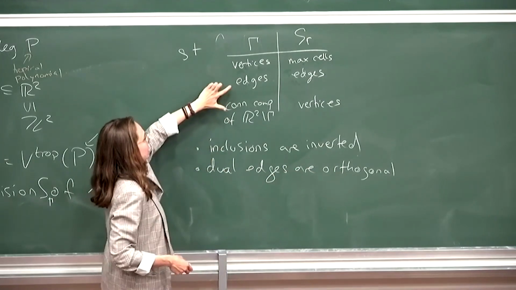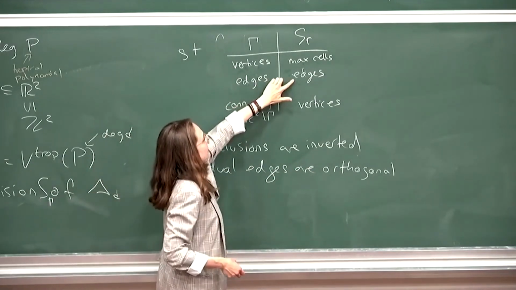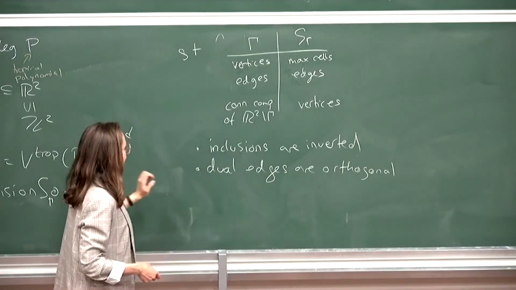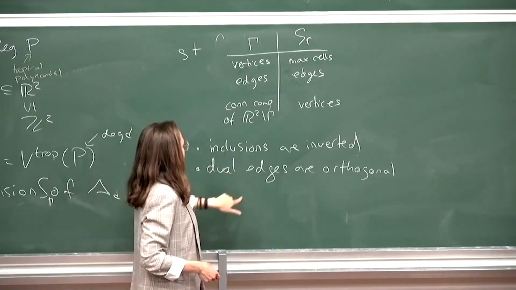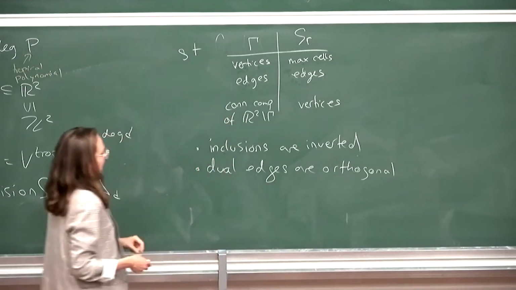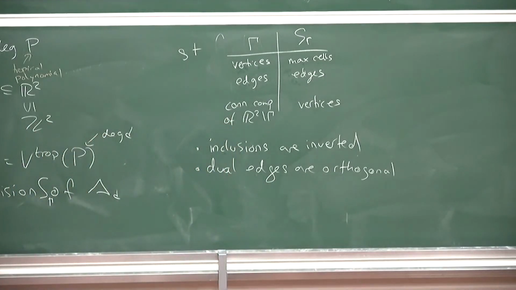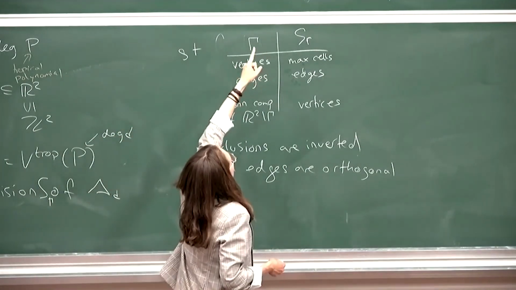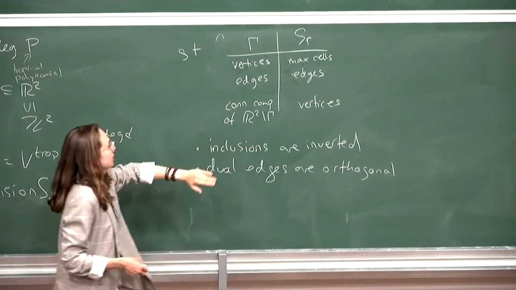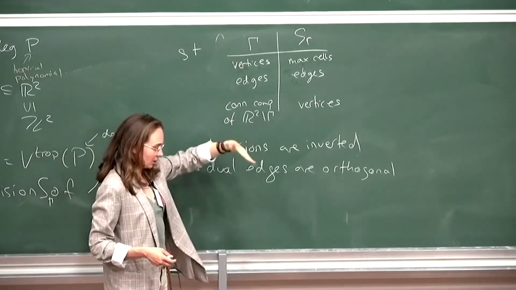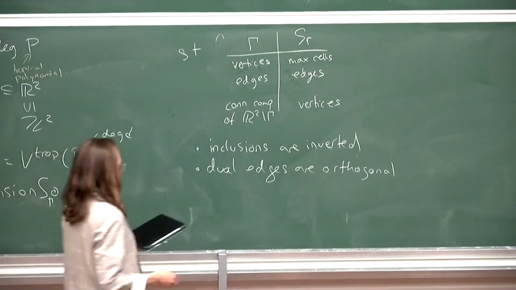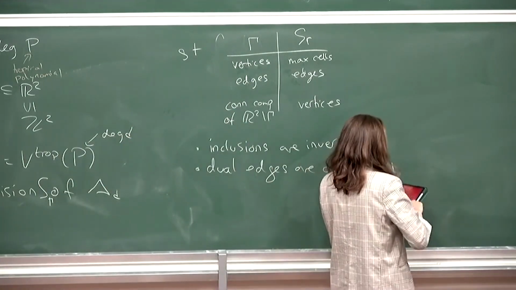So if I have a vertex of an edge, the corresponding edge should better be an edge of the corresponding maximal cell of this vertex. Also, dual edges should be orthogonal. And now I claim that a tropical curve gives me a unique dual subdivision, and also that this dual subdivision gives me the combinatorics of the tropical curve.